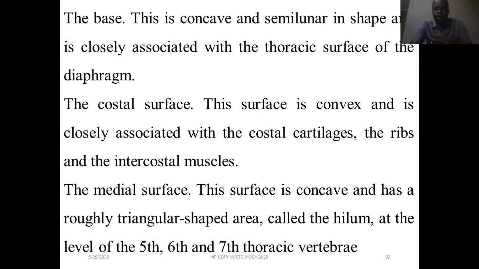So the medial surface of the lung is associated with the hilum, and this hilum is the area which provides attachment for blood vessels and most of the structures that go inside the lungs, like the bronchi. This is found at the level of the 5th, 6th, and 7th thoracic vertebrae.